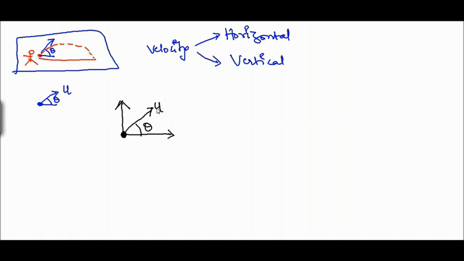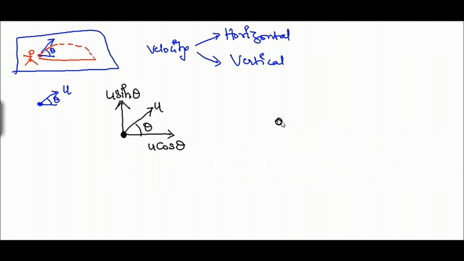Now the components of this initial velocity can be split into vertical as well as horizontal directions like this. The horizontal component would be equal to u cos theta, and the vertical component would be equal to u sin theta. So this is how we can split the initial velocity into vertical and horizontal components.